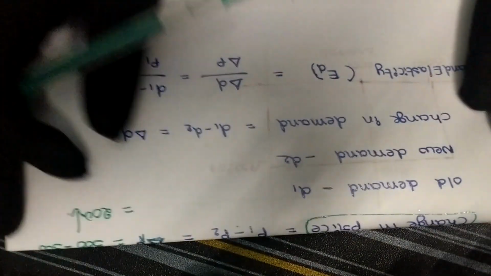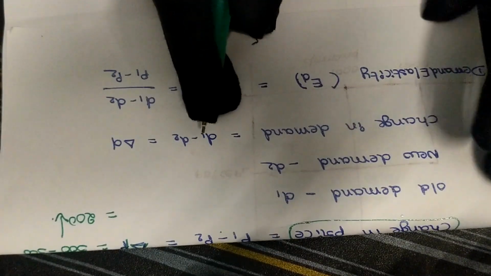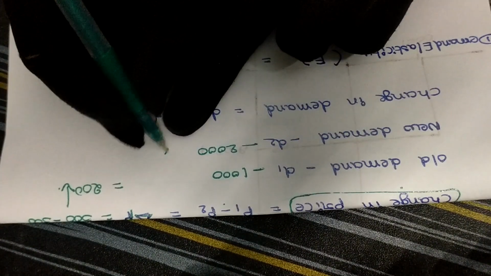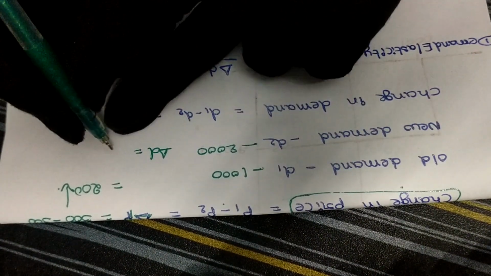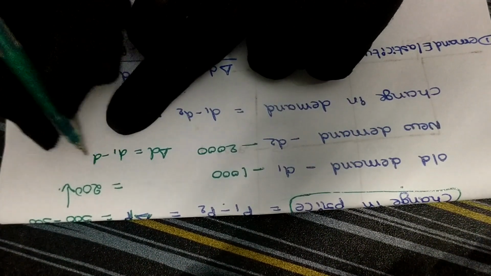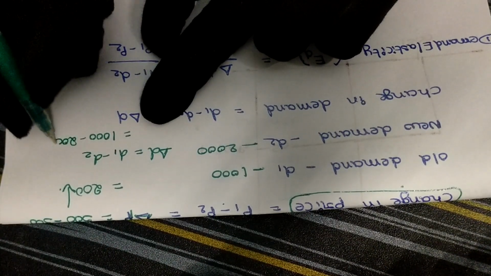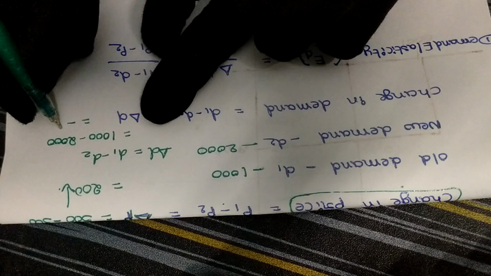Now automatically there will be a change in demand also. How? When the price decreases, the demand increases. The old demand is 1,000 dresses you sold. But today how many dresses did you sell? 2,000 dresses. How many extra is it? Change in demand is equal to D1 minus D2. 1,000 minus 2,000. What is the difference here? Minus 1,000.